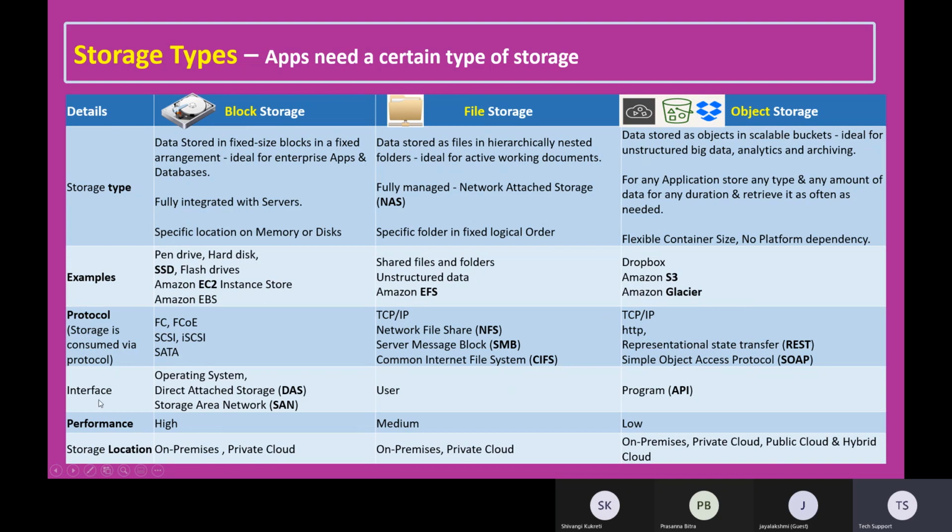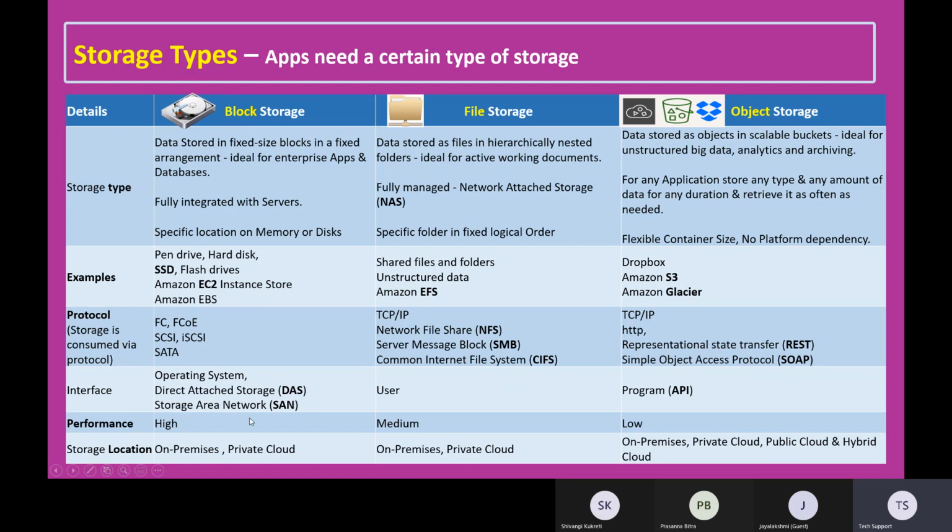Okay. And now the interface. What is our main interface to connect to block storage? As we discussed, on our local system, either a server or laptop, the operating system is our main interface to access block storage. And DAS means Direct Attached Storage. If your storage is very huge, DAS is not supported. We should go for a SAN.